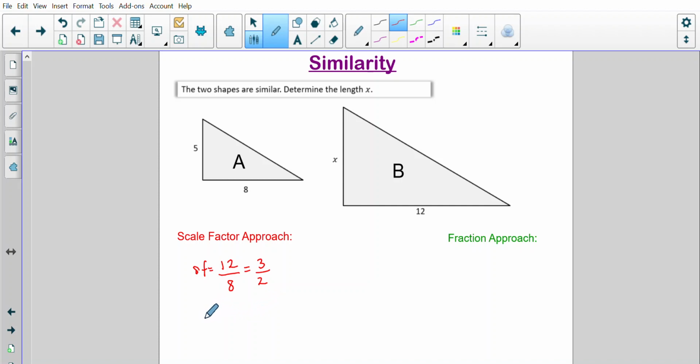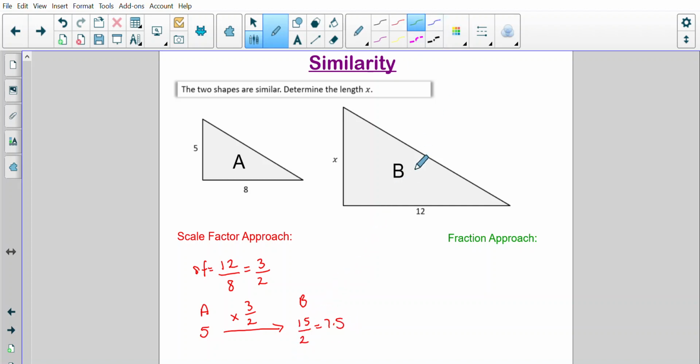So if we want to work out side x in shape B, I've got a length of 5 in shape A. To go from shape A to shape B, I need to multiply by my scale factor, which is 3 over 2. So I multiply 5 by 3 over 2 and I get 15 over 2, or 7.5.